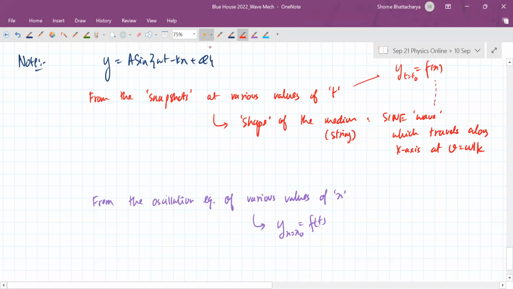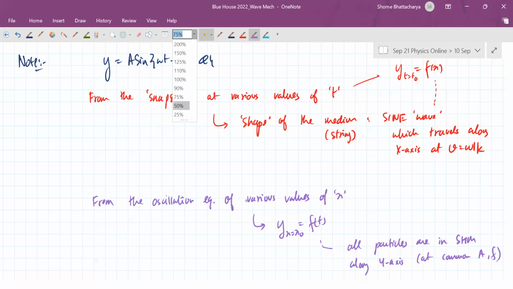So that function is interpreted this way. We can see that all particles are in SHM along the y-axis at common amplitude and frequency.